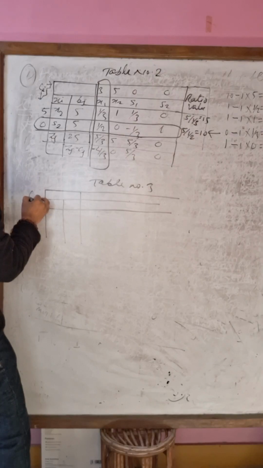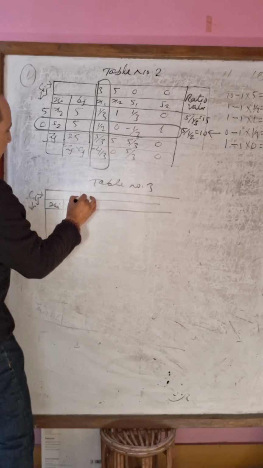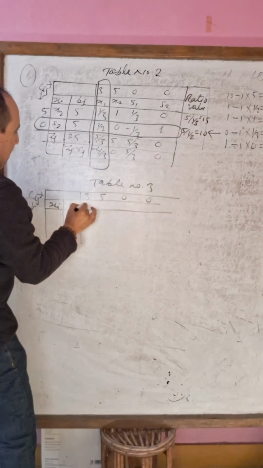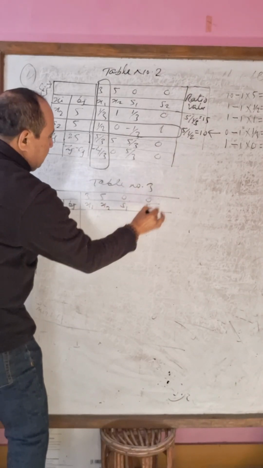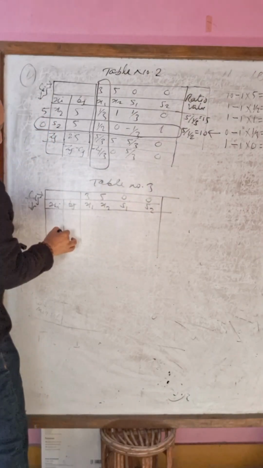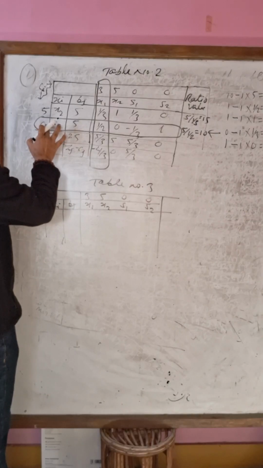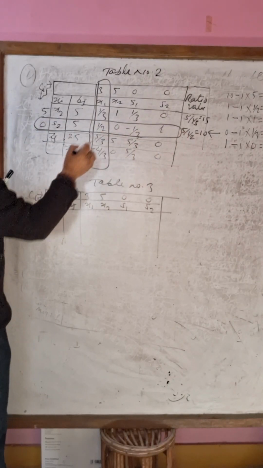Okay, Cj, Bj, 3, 5, 0, 0, X1, X2, S1, S2. Now, first you make the calculation on R2.